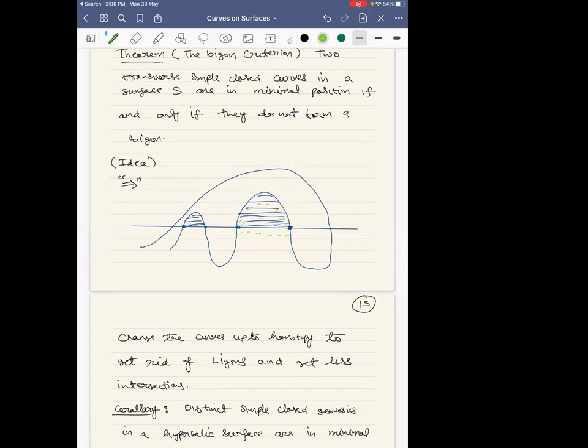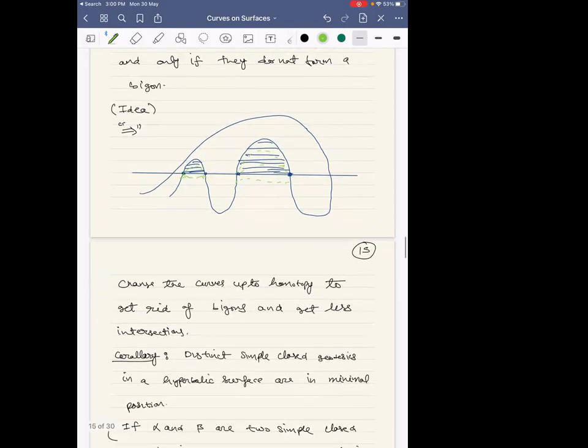Similarly here you can get rid of bigons. If you do this, you get a smaller number of intersections, and so the curves are not in minimal position. You can homotope to some curve so that there are fewer intersections.